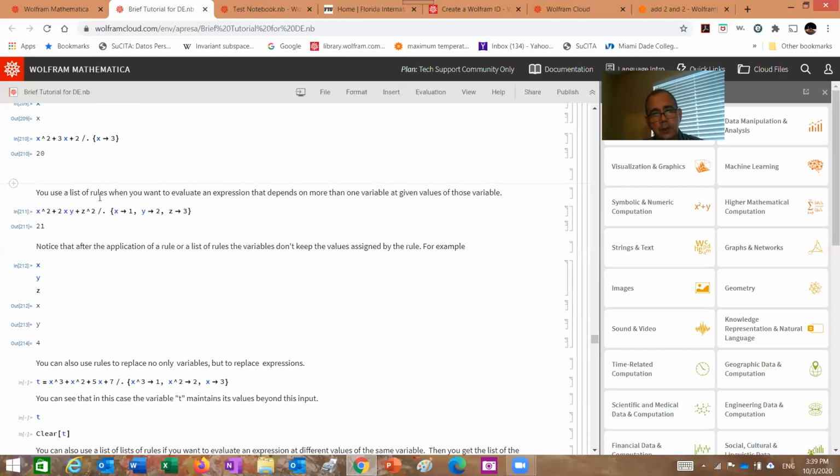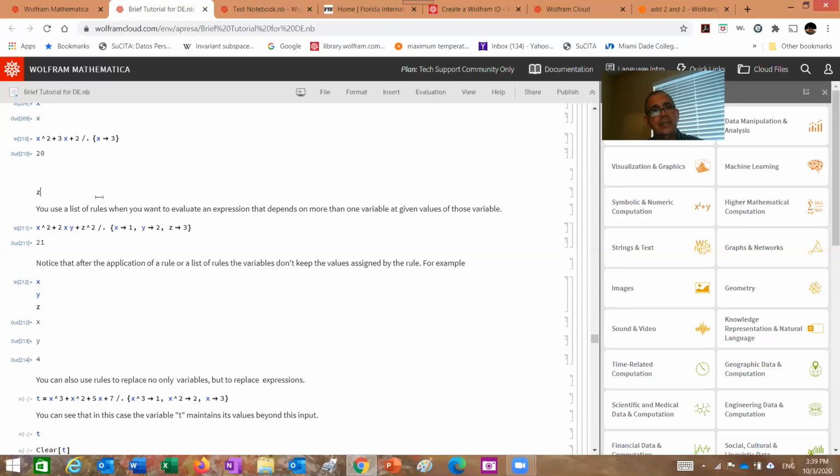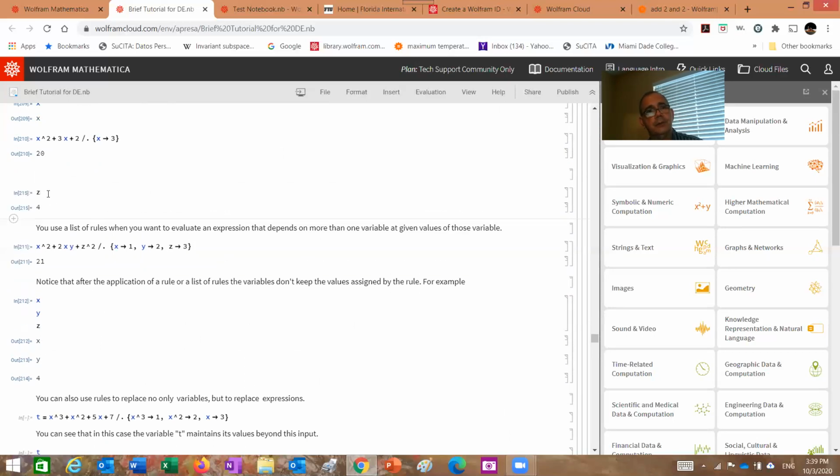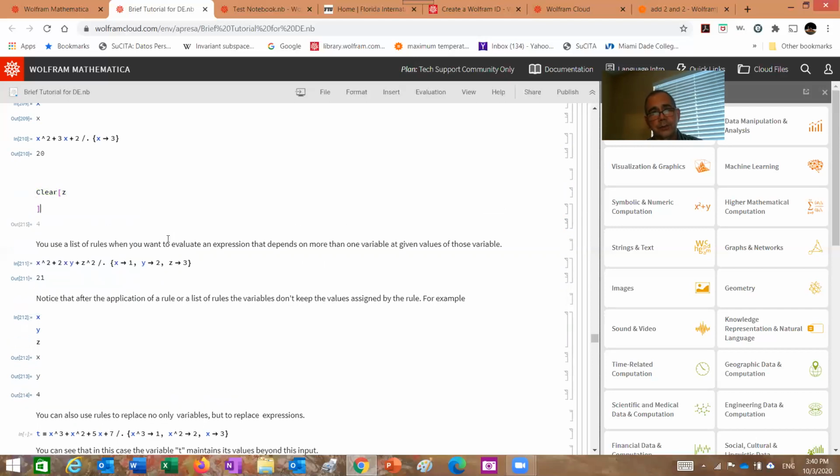So here, if you enter the z and you press enter, it returns 4 because we had a value of z from before that we didn't erase. If you want to erase it before doing these calculations, you enter clear z, and then you put the cursor on top of the input, you press enter, you clear the z.